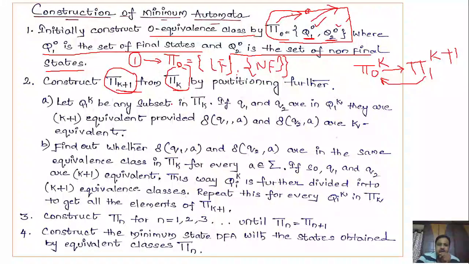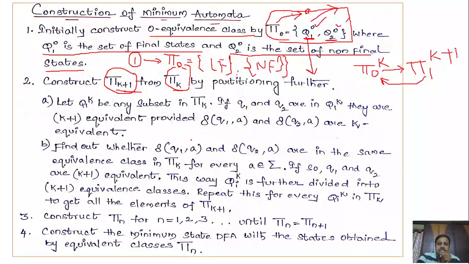You have to take each state set from pi k, in this example pi naught, and identify the distinguishable and indistinguishable states. If the states are distinguishable, then you have to partition that state set. If the states are not distinguishable, that is equivalent, then you keep the set as it is.